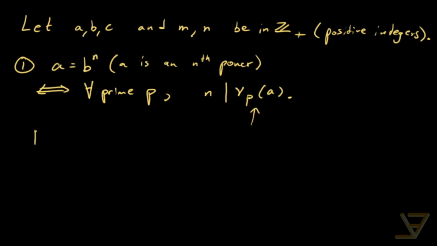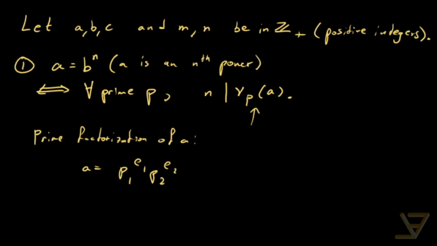So you look at the prime factorization of A. Let's say A is equal to p1^e1, p2^e2, all the way through to pk^ek. And so what we say is that nu pi of A is equal to ei.